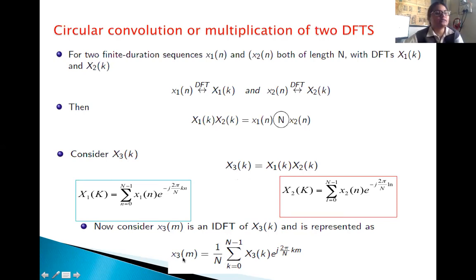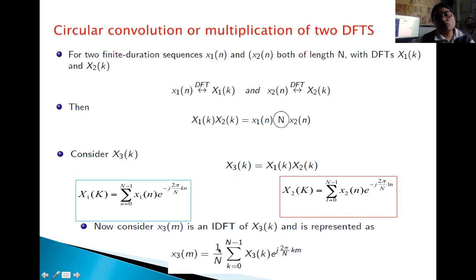So the third sequence is represented by x3 of n. This is calculated from x3 of k by applying the IDFT.